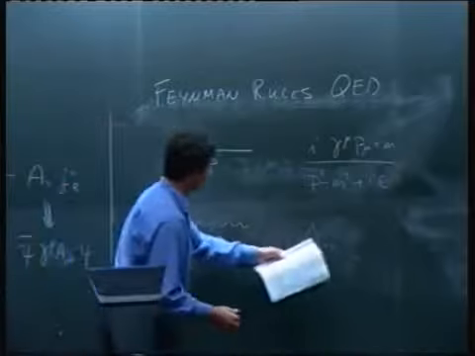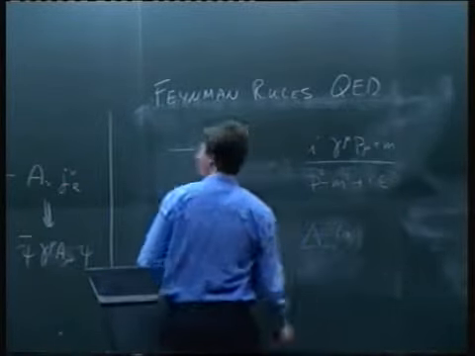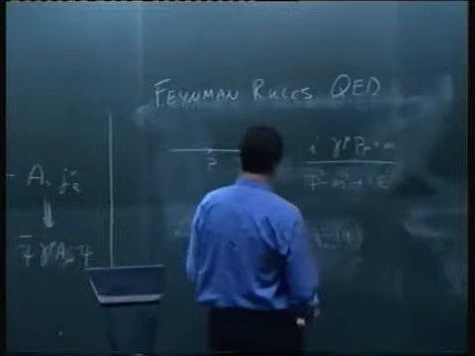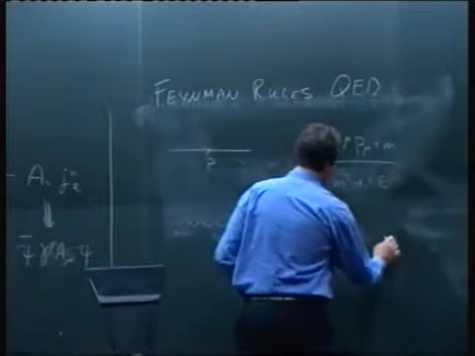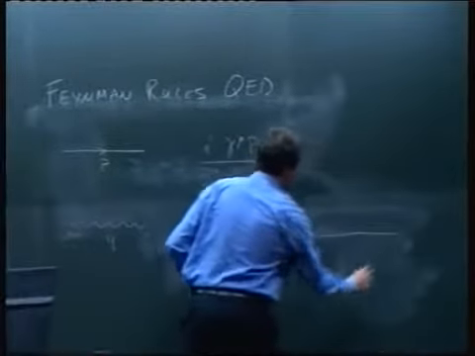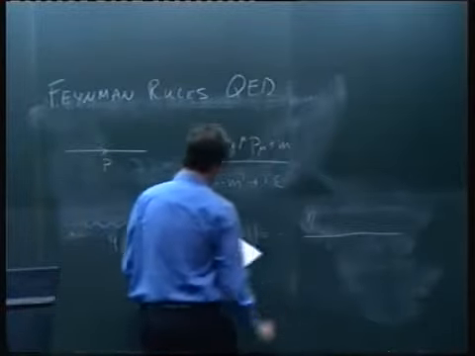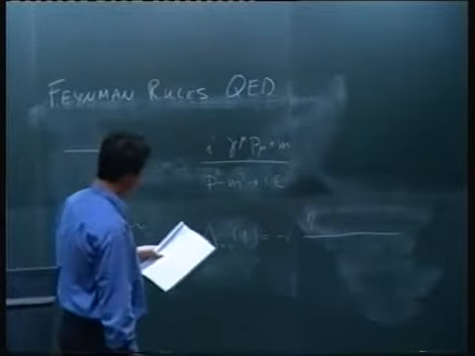So the photon propagator has two indices, mu and nu. It's a function of q. And with that choice of gauge fixing term, the photon propagator is minus i, and again I have something that has to be written with a numerator and a denominator.